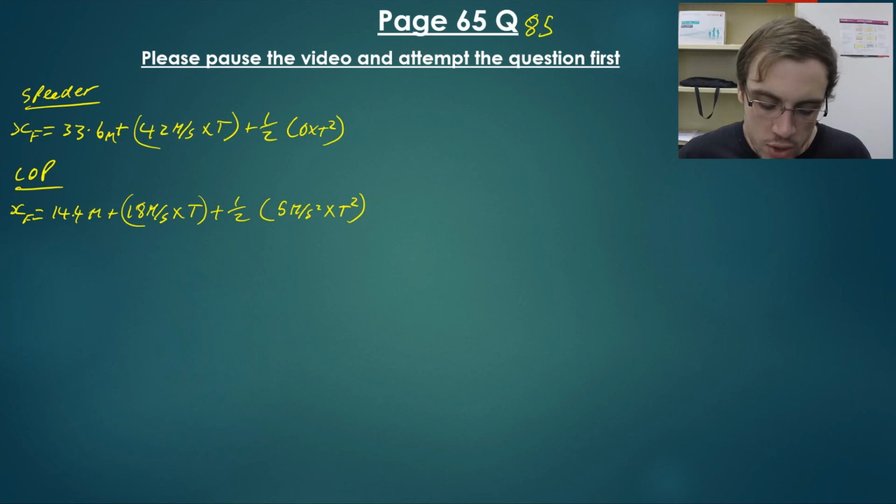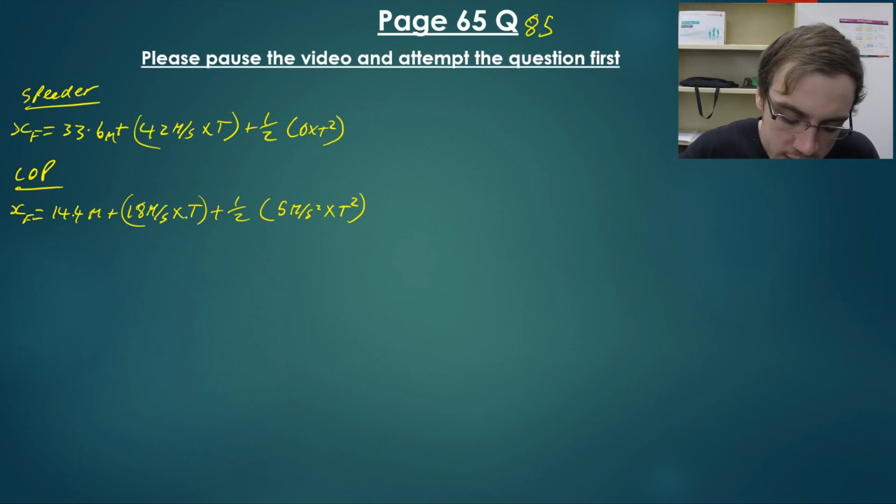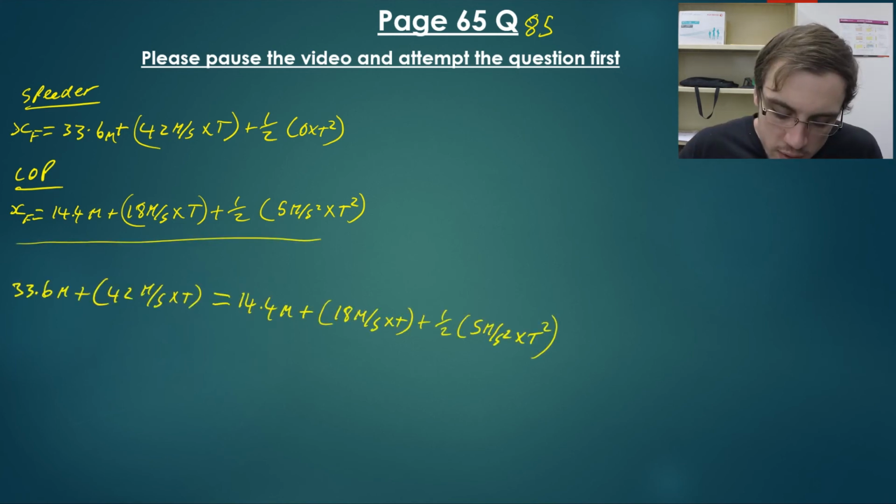Okay, so we've got our two formulas here. Now we can fuse them together. So we rewrite this, combining both of them. Okay, so now that we've got this, we're going to start to simplify.